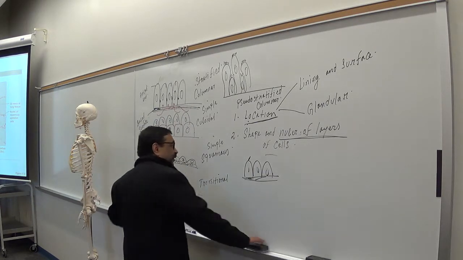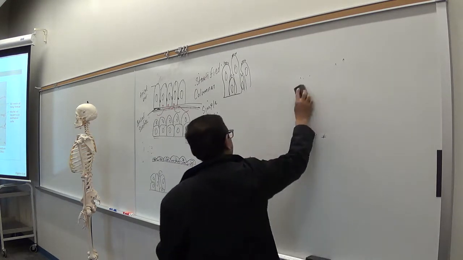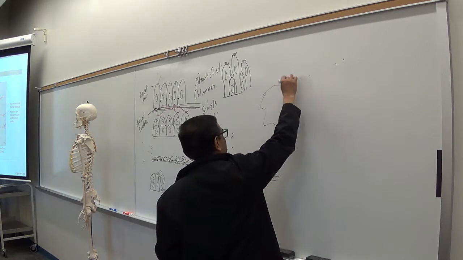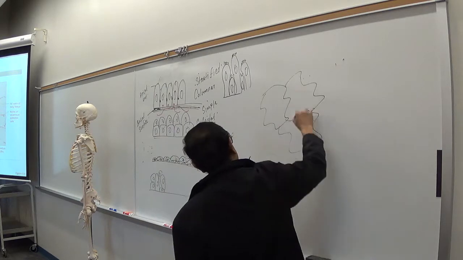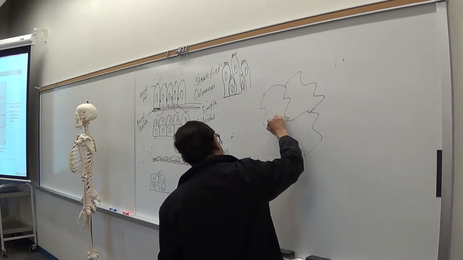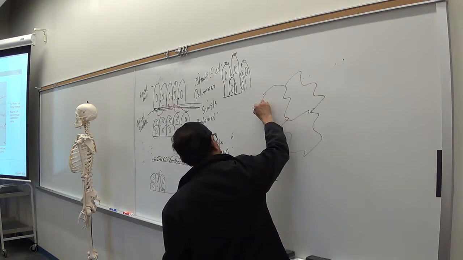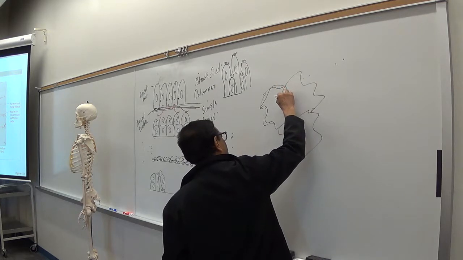Why is this called simple squamous? You see in this picture, alveoli. Inside the lung you have alveoli, right? 3 alveoli here. In the wall of the alveoli, you have a single layer of flat cells, like this.